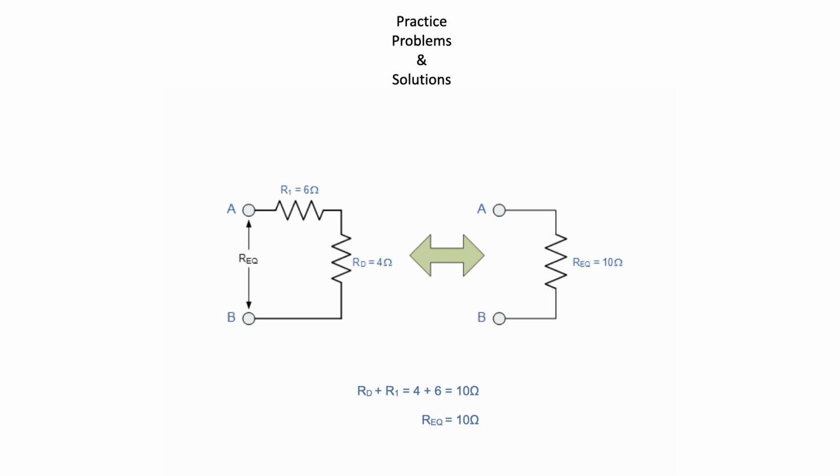When solving any combinational resistor circuit that is made up of resistors in series and parallel branches, the first step we need to take is to identify the simple series and parallel resistor branches and replace them with equivalent resistors.